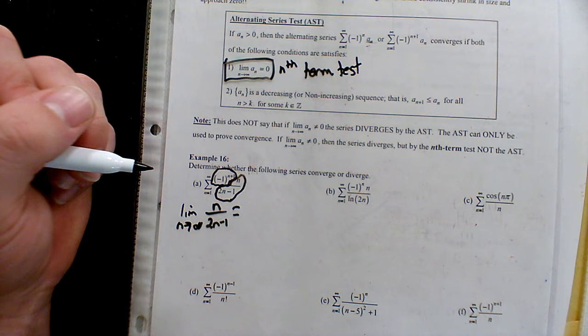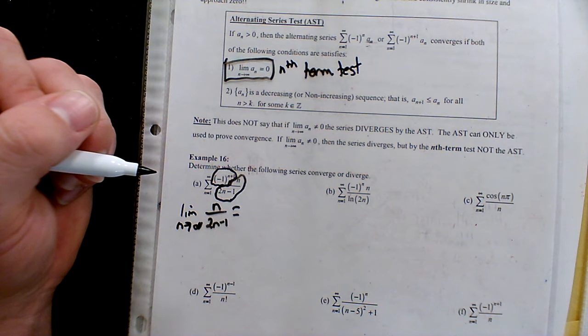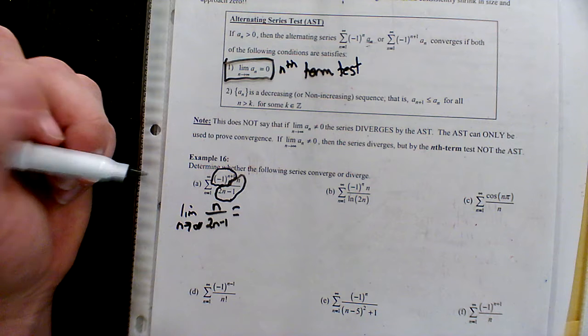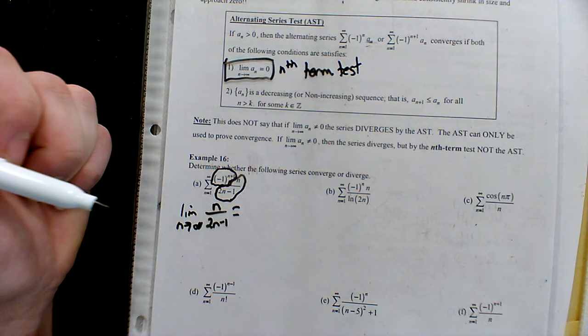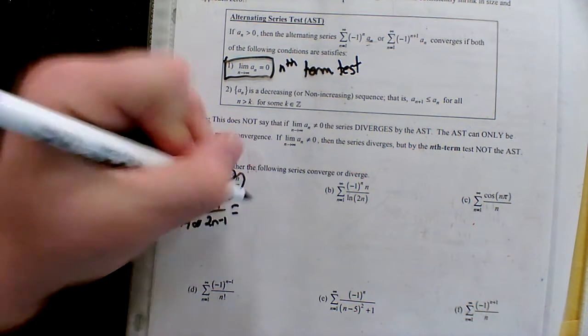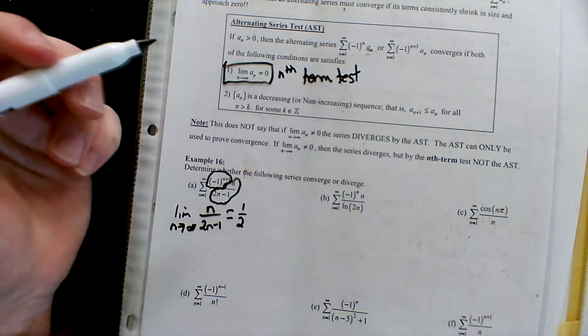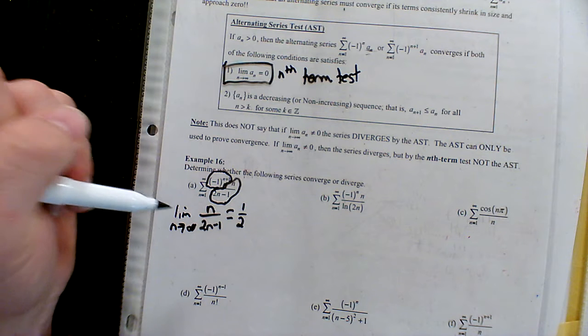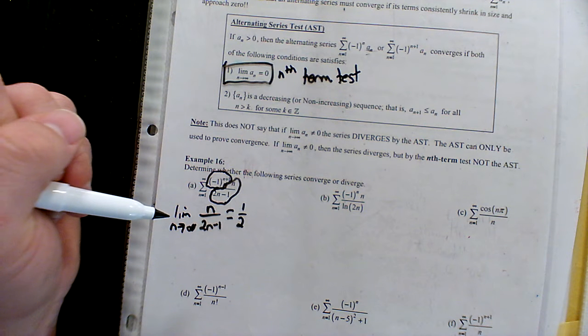And if you take the limit of that, you get what? Think of your coefficients. Go ahead. 1/2. Now think about your nth term test, because that's what we were actually doing there. What can we conclude? Think about your nth term test, because that's what we're trying first.